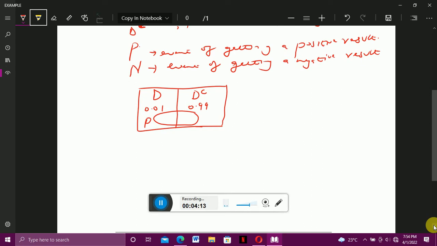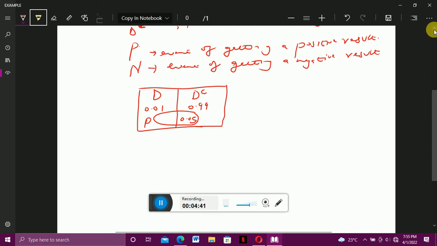You can get a positive result when you have the disease. It's also possible to get a positive result when you do not have the disease. Of course, we have been told that the probability of getting a positive result when you don't have the disease, according to the information given up here, is 0.05.